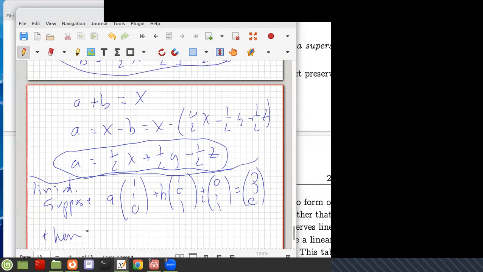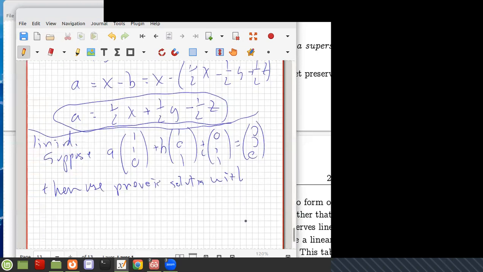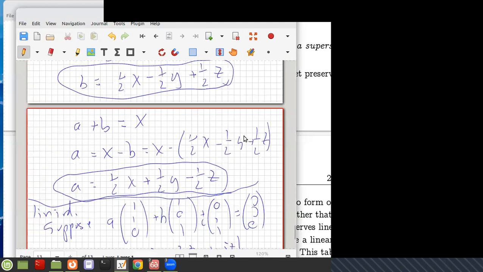Then use the previous solution with x equals y equals z equals 0 to see that a equals 0 from this equation, right? X, y, and z are 0.